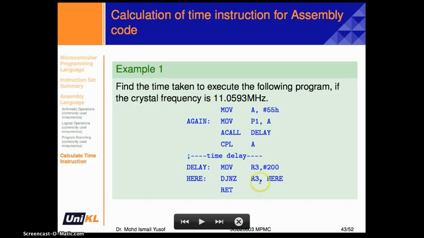And when the value of register R3 becomes 0, it will go to the next line, which is RET, or return. It will return to the next main line of the main program, which is CPL A. Okay, now we just want to focus on how long the time delay generated in this subroutine is.